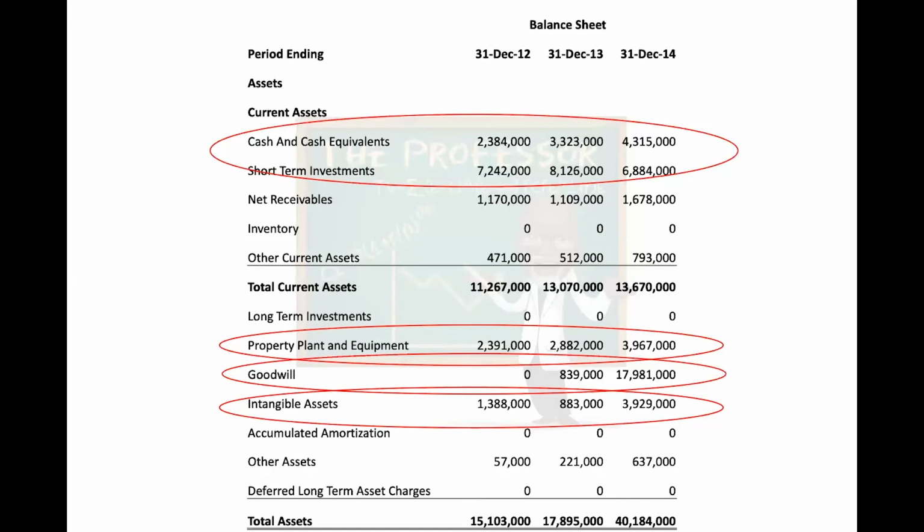Goodwill is the difference between what a corporation purchased another business for above its book value. Let me give you an example. Let's say that we're going to buy another business, and we're going to pay $1 million for that business. As we put it on our balance sheet, the book value of that business, what the balance sheet shows the value of that business is, is $750,000. We paid $1 million.